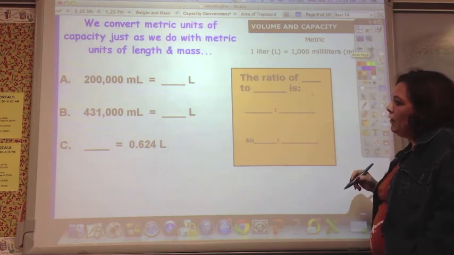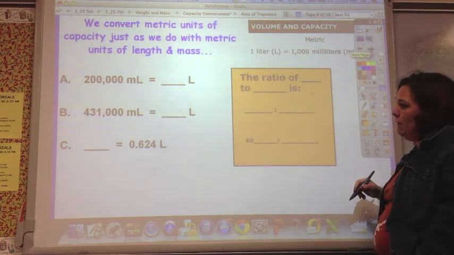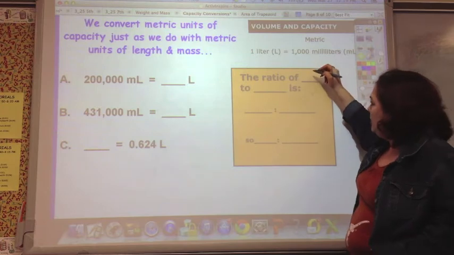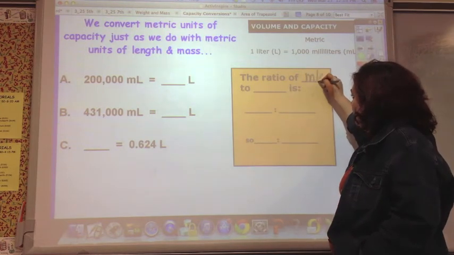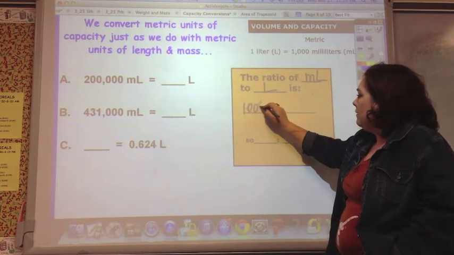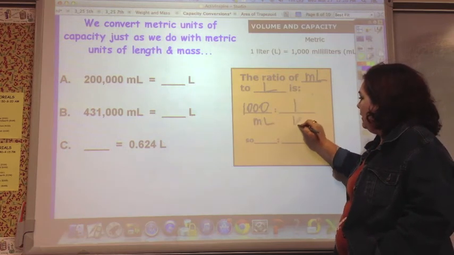So we convert metric units of capacity just as we did metric units of length, and we'll do of mass. And so my relationship is, this one is milliliters to liters, and there's 1,000 milliliters in 1 liter.